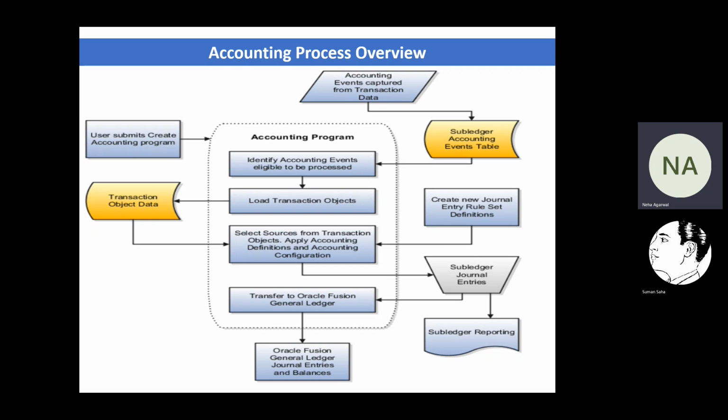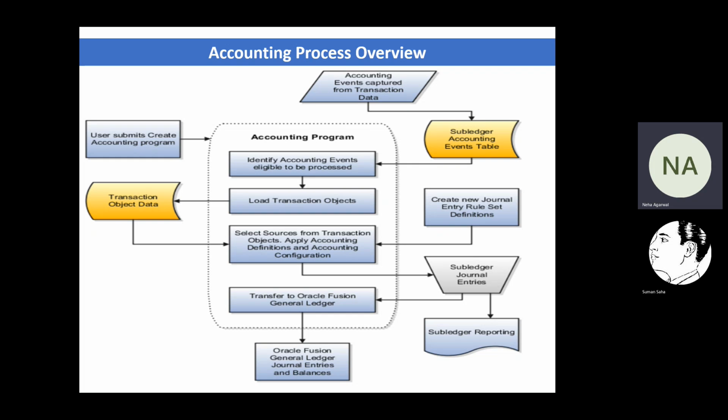So how are the subledger journal entries created and processed in the accounting hub? The source system transactions are uploaded into UCM, the Universal Content Management. The transactions are then imported into accounting hub using the import accounting transaction process. The create accounting process is automatically submitted.